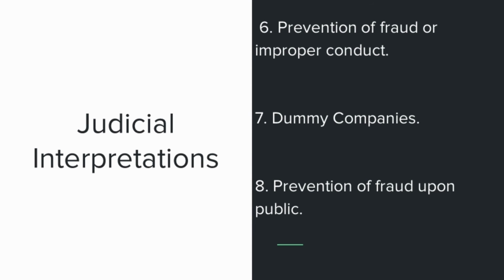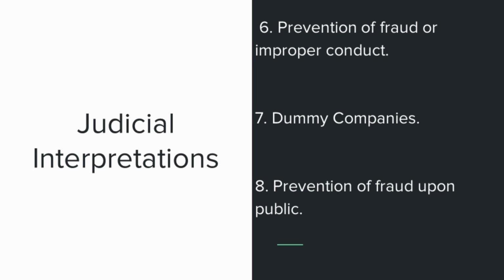Sixth point is prevention of fraud or improper conduct. In this case also, if it appears to the court that the company is formed for some fraudulent or improper purpose, that is to deceive the creditors, to avoid legal obligations, or to defeat the provisions of law, in such cases, the court may lift the corporate veil.